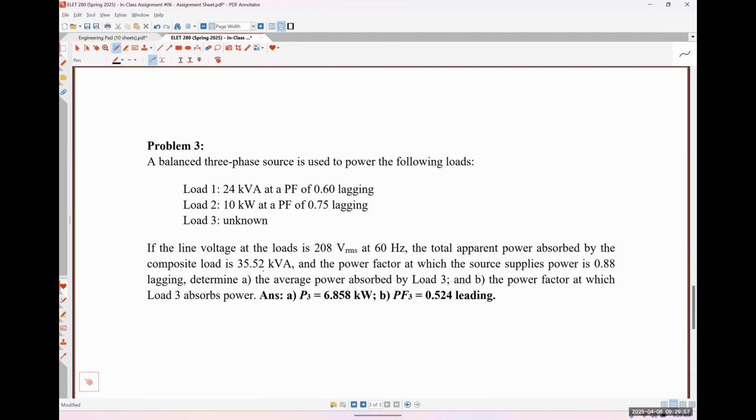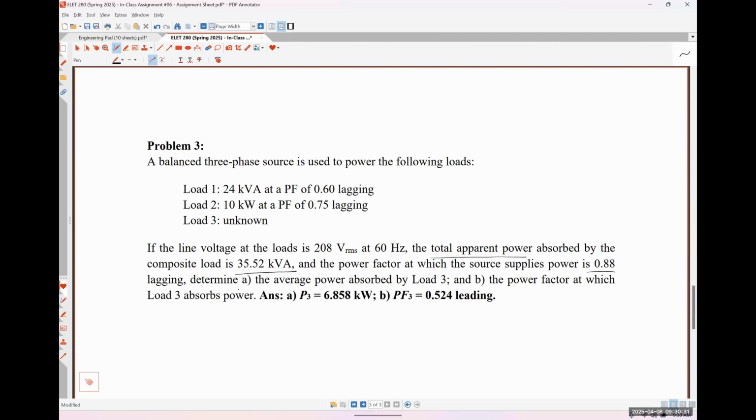So, in this one, we're going to have to work backwards a little bit, okay? So we have a balanced 3-phase source that is powering 3 loads, 2 of which we have information about, and 1 of which we don't. That being said, we are told that the total apparent power absorbed by the composite load is 35.52 kVA, and the power factor at which our source is supplying power is 0.88 lagging.